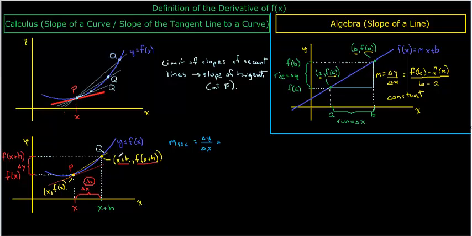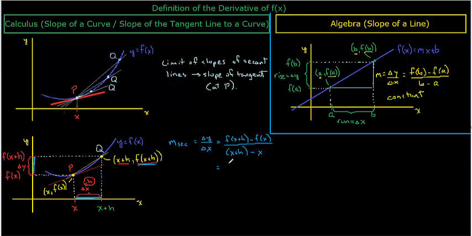The change in y is f of x plus h minus f of x. So our change in y, this distance right here, is f of x plus h minus f of x, over now our change in x, which is simply x plus h minus x.